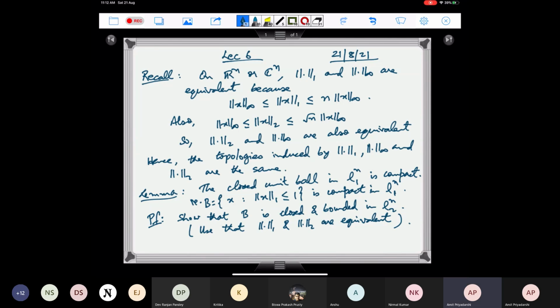Therefore, this implies that B is compact in the space L2.